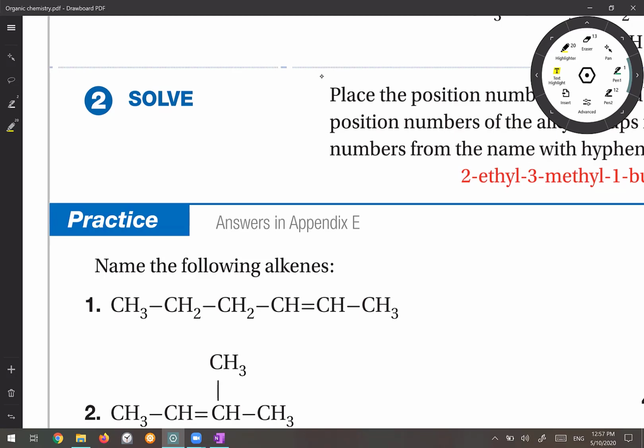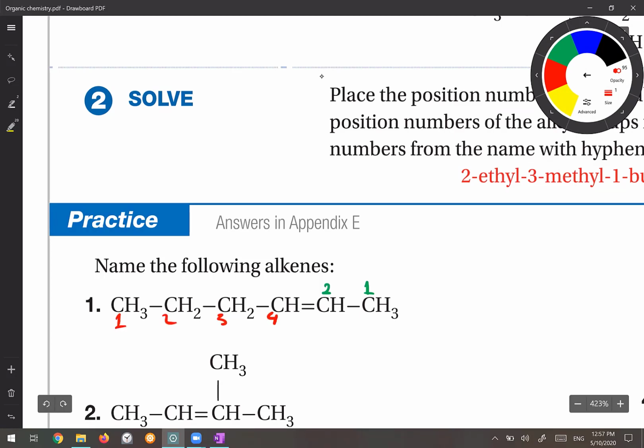From which side do I have to number the chain here? On the right, obviously, because from the right side, the double bond receives number 2. But if I number it from the left side, it is number 1, 2, 3, and the double bond appears on the fourth position. So this is wrong because from the right side, it receives a smaller number.